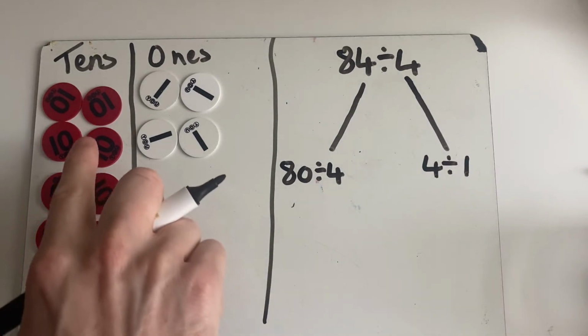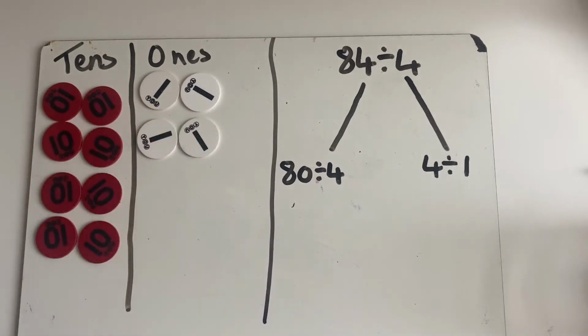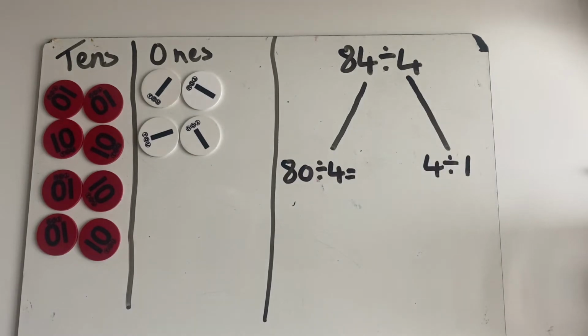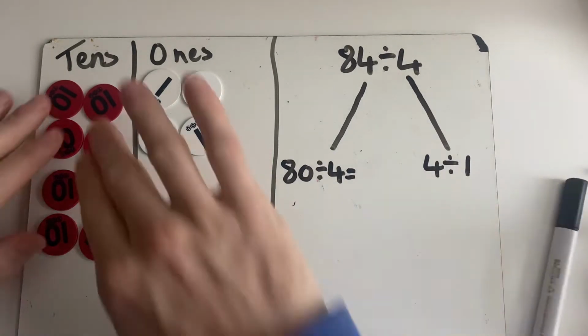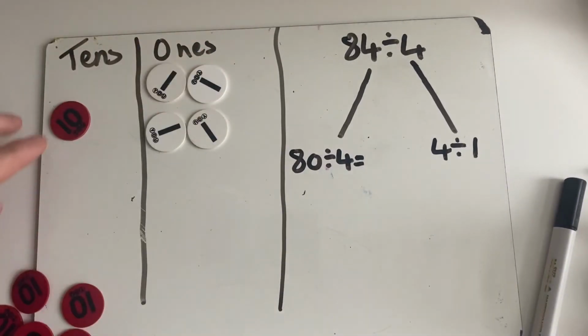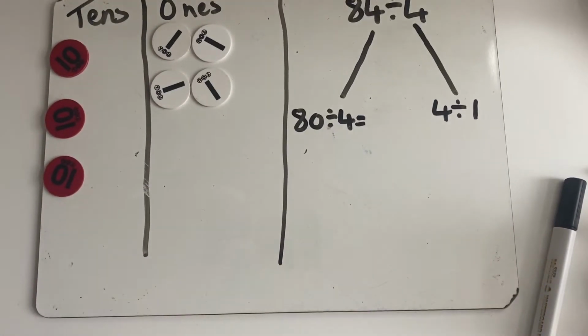Now what we want to do with our tens is split them into 4 equal groups. So we're going to take our tens and make 4 groups. We've got 1 group, 2 groups, 3 groups, and our 4th group.